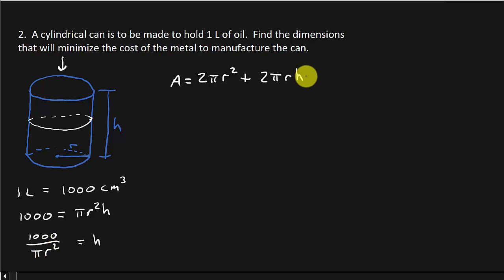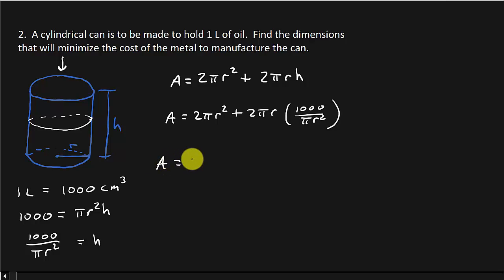So I can replace H with 1,000 over pi r squared. So A is equal to 2 pi r squared plus 2 pi r times 1,000 over pi r squared. And so the area is 2 pi r squared plus, let's see, what is that going to be? 2,000 over r.